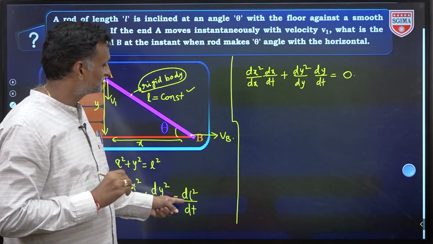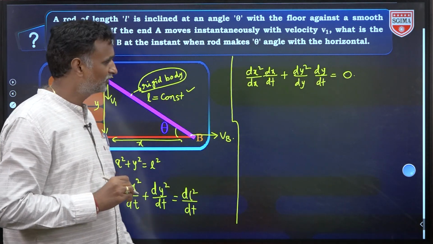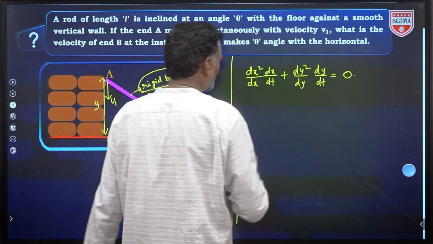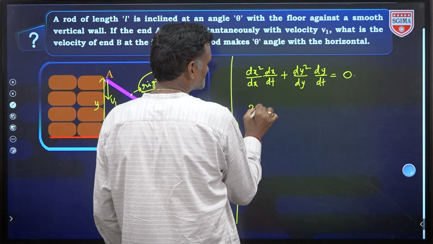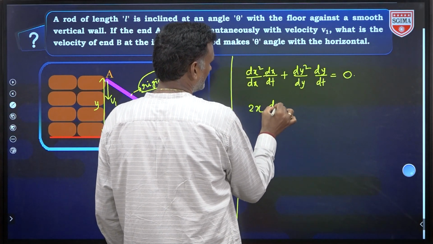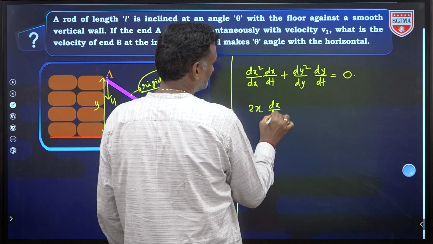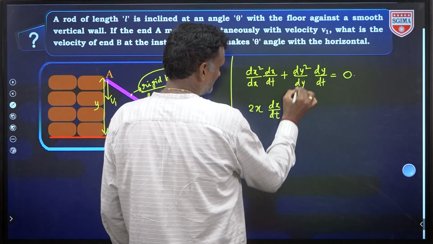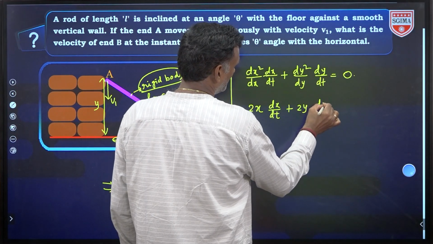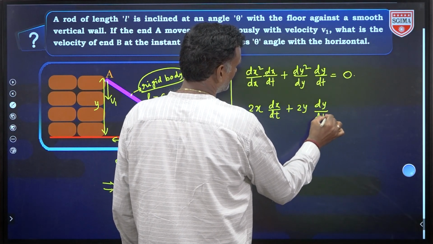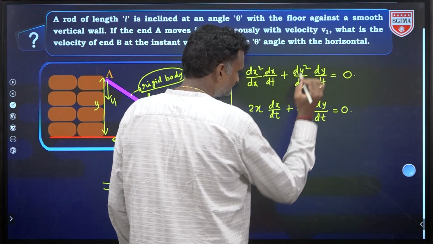Why have we written 0? I told you L is constant. So now d(x square)/dx can be taken as 2x, times dx/dt, plus d(y square)/dy which is 2y, times dy/dt, equals 0.